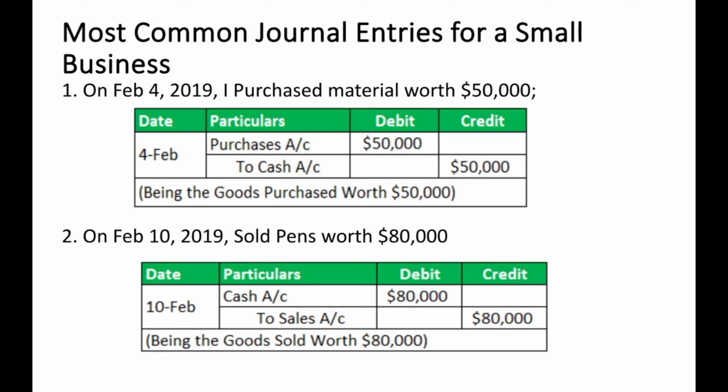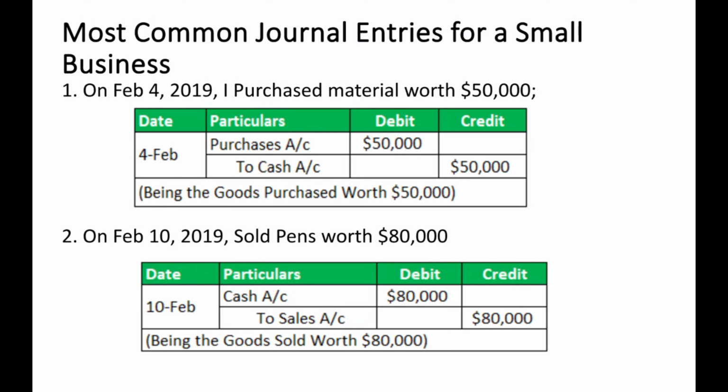Here the two elements are sales and cash. We sold the pens, so the pens go out by way of sales, and in return cash comes in.